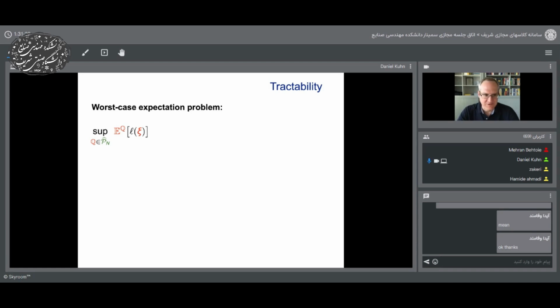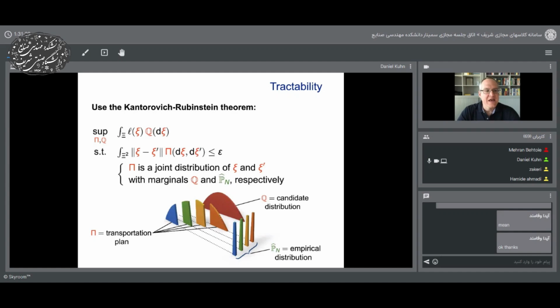Okay, so here I just copy this problem again. As I said, I dropped the X in order to avoid clutter. Now, first of all, I express the expectation as an integral over Q. And okay, so I want my distribution Q to be an element of the Wasserstein ball of radius epsilon around the empirical distribution. And here I use the Kantorovich-Rubinstein theorem.